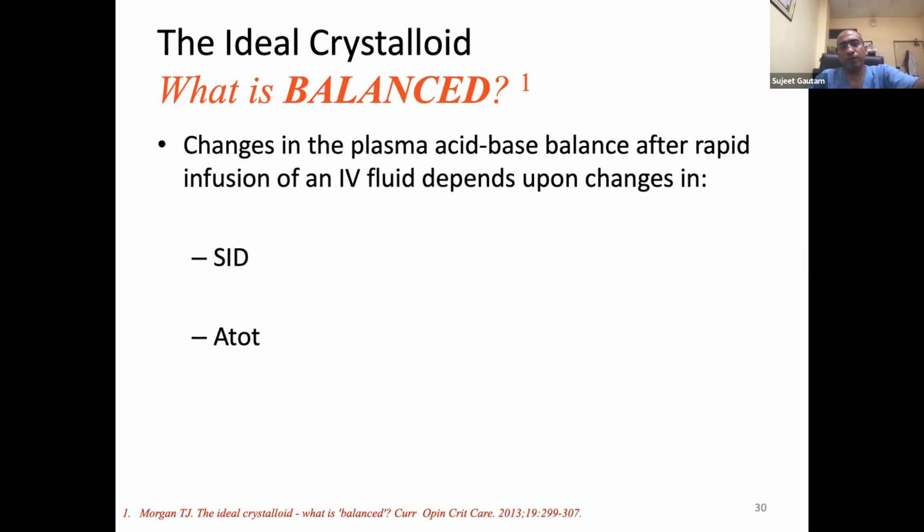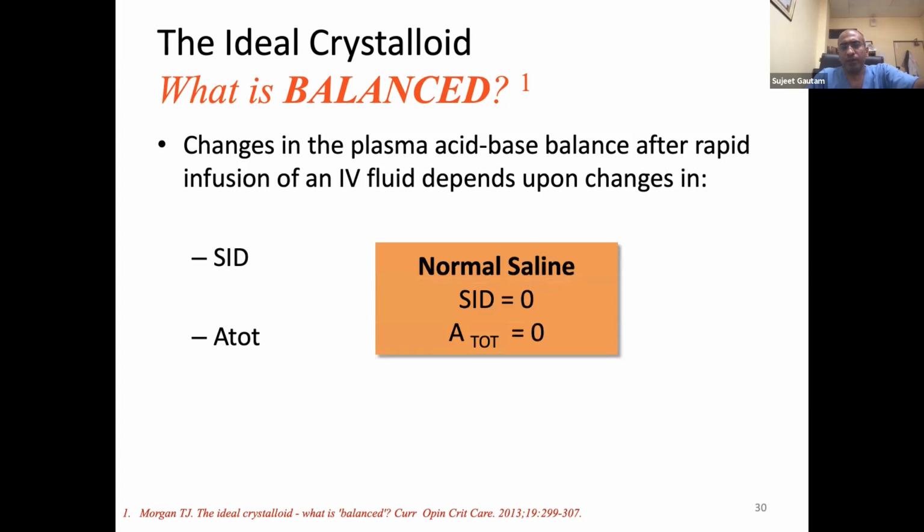So most of the crystalloids, if we look at, don't have any weak acid with them. So ATOT is 0, and the strong ion difference of any crystalloid will depend upon its electrolyte composition. So let us consider saline. In saline, the strong ion difference is 0, and ATOT obviously is 0. So whenever saline is infused, the body's SID decreases, and weak acid concentration also decreases.